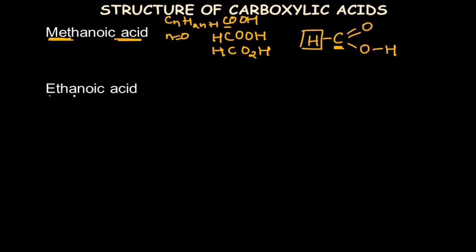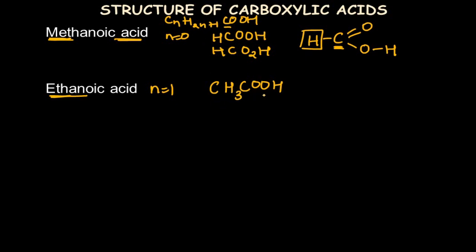The next member is ethanoic acid. Now eth means a total of two carbon atoms including the carboxyl group. So here n ends up as 1, and so we have CH3COOH. Why? Because if n is 1, then it is C1, H2n+1 makes H3.